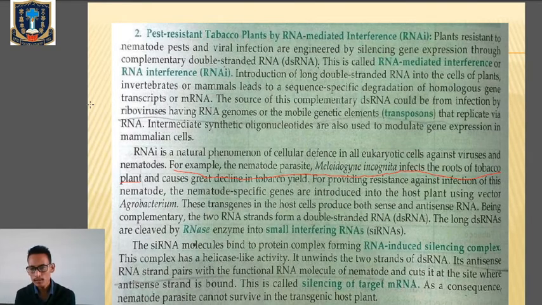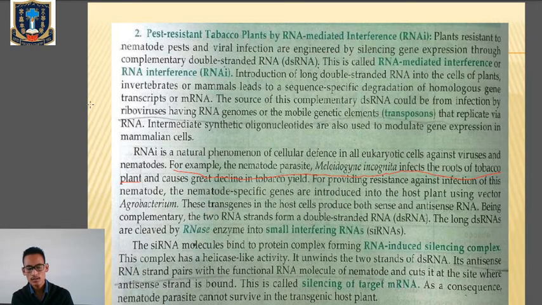So what we have done is, once the tobacco plants are infected by the nematode parasites, mainly Meloidogyne incognita, we already have sense RNA and antisense RNA which has been unwound by RISC. So now that antisense RNA will go and bind with the functional RNA of the nematode and will cut at the sites where the antisense strand is bound. So this will silence the mRNA, which is also called silencing of target mRNA.